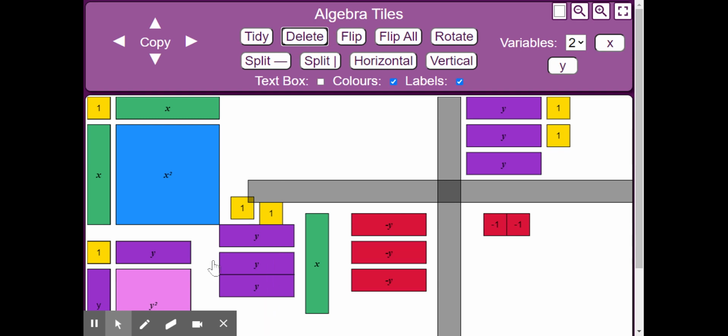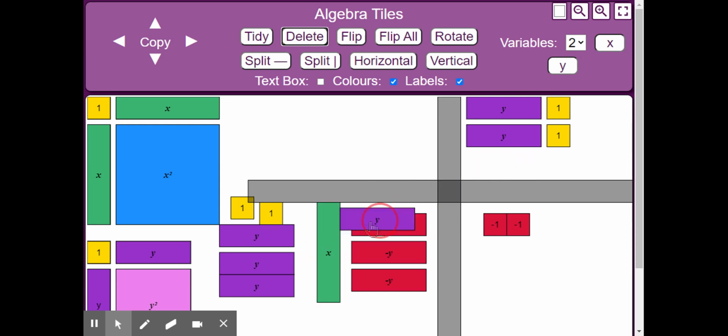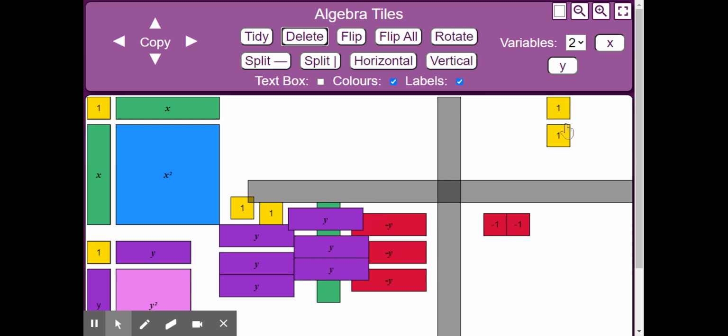Am I done? Can I just replace one and be done with it? Or do I have to also replace this other one with the same thing to keep it equal? If I want all Y tiles and no X tiles, I'm going to have to replace that X one with 3 Y's and 2 1's so that I can get rid of that one.